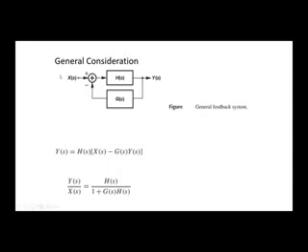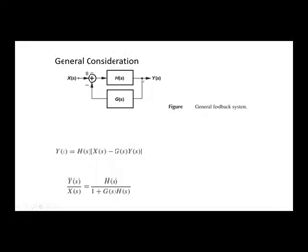General considerations of feedback. Here, the schematic diagram of the feedback circuit is shown. Here, H of s is the amplifier transfer function, and G of s is the feedback network transfer function. X of s is the input and Y of s is the output.